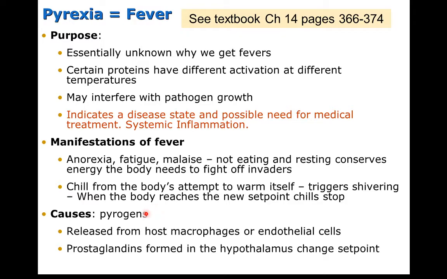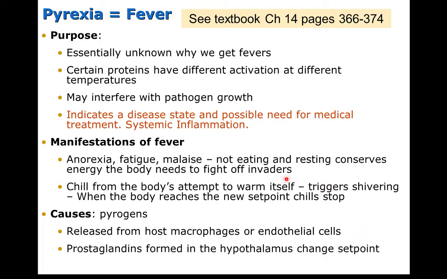So when we release these pyrogens from host macrophages or from endothelial cells, they trigger the release of prostaglandins. And the prostaglandins reset the hypothalamus temperature set point.